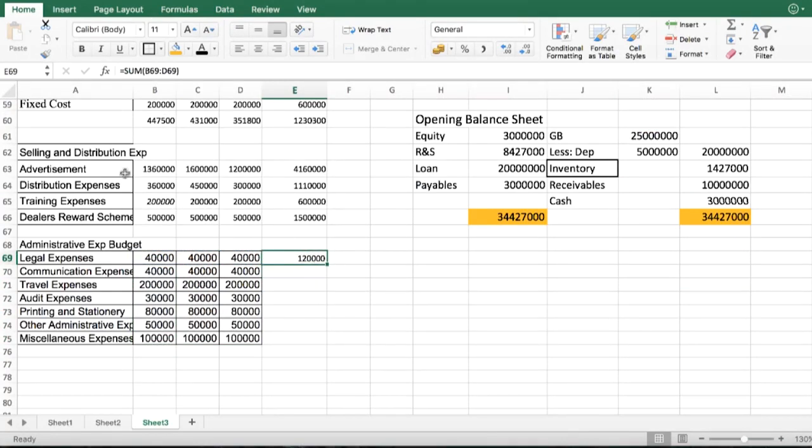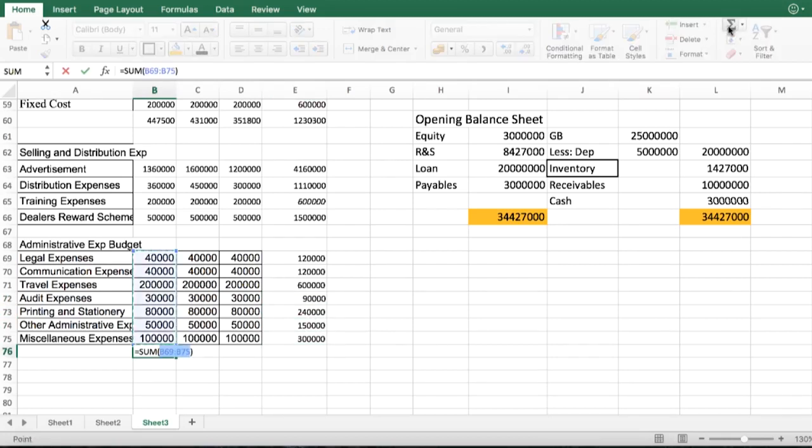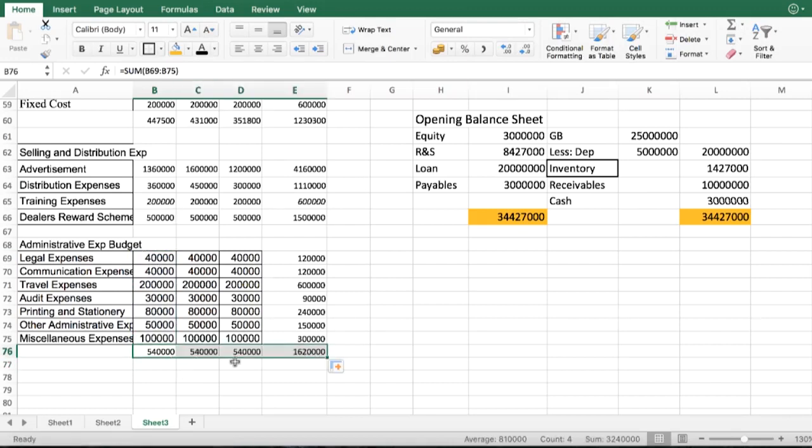So, 1,20,000 towards legal expense for the quarter, 1,20,000 again for communication expenses, travel expenses 6 lakh, 90,000 for audit, printing and stationery 2.4 lakh, and other administrative expenses 1.5 lakh. Miscellaneous expenses is 3 lakh, and total administrative expenses is 5,40,000 for the month of April, and May is also the same, June is also the same, totally 16,20,000 in administrative expenses.